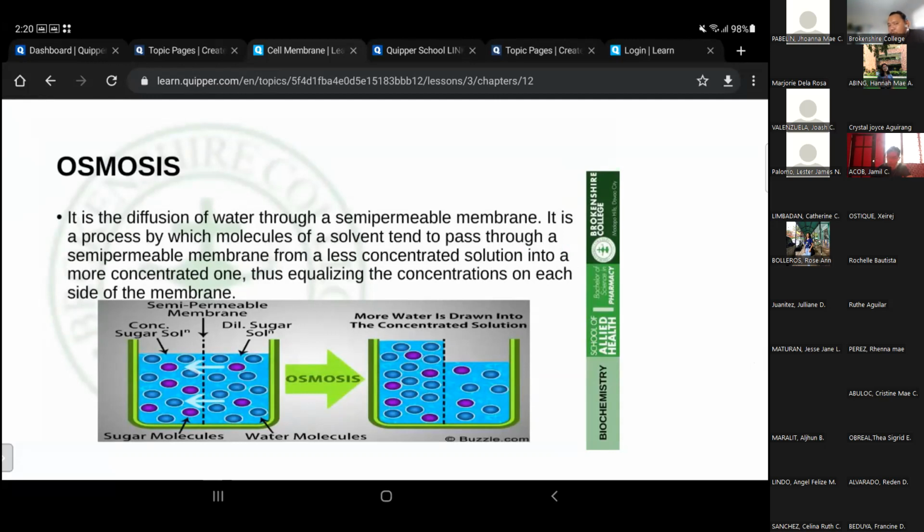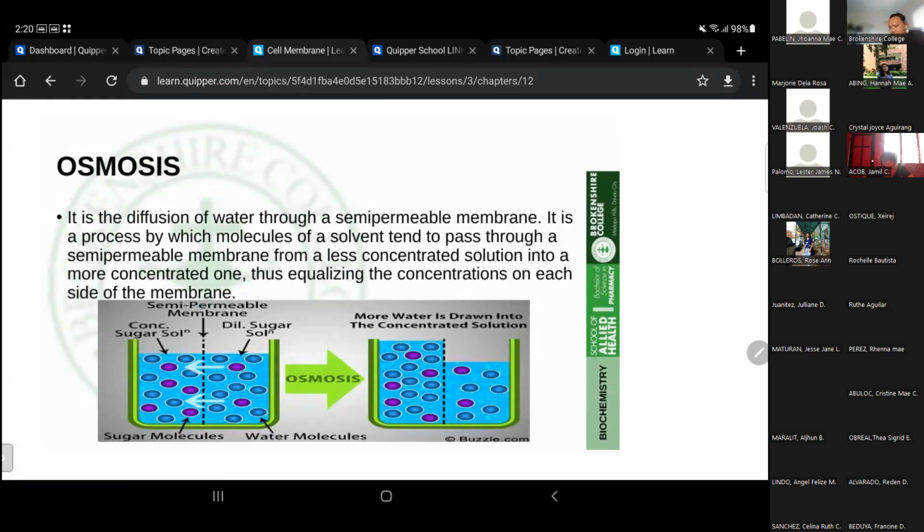Yun lang yung easiest way of describing it. Hanggang sa maging equal ang environment of water in and outside of the cell. So just like this one in the illustration, we have your sucrose, the concentrated or sugar concentrated solution, tsaka your diluted sugar concentration.